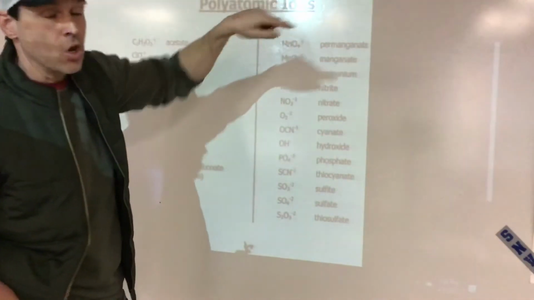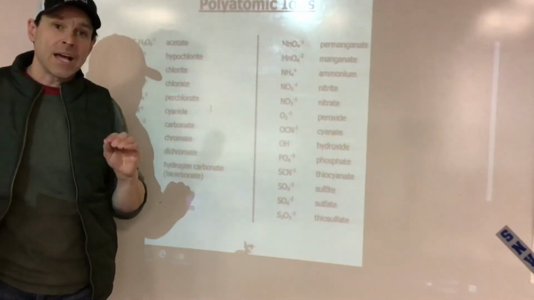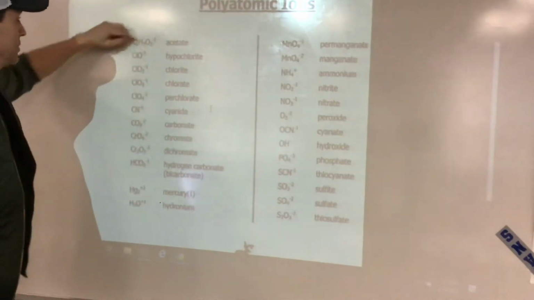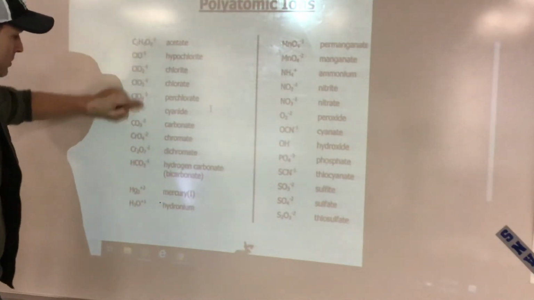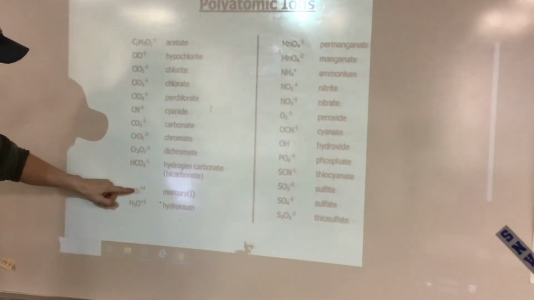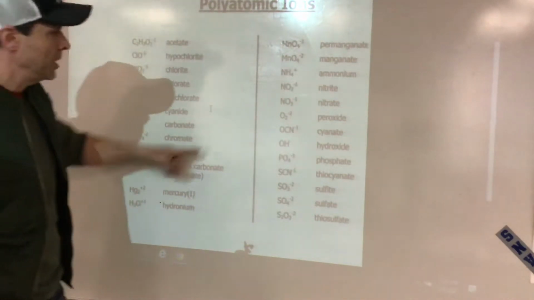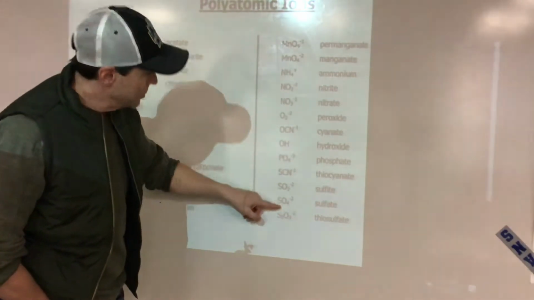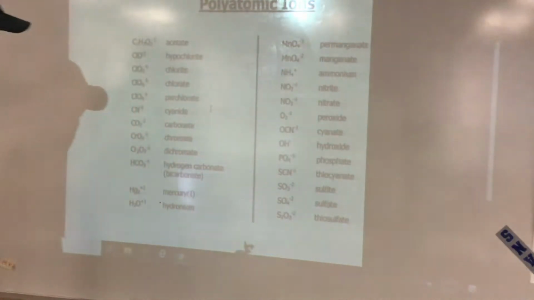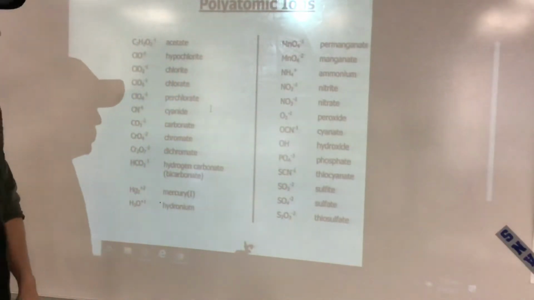Just like individual elements have charges, these polyatomic ions are going to have a charge as well. They're listed as -1s to -2s, possibly a +2, like for mercury 2, but most of them are going to be negative charges, simply because they're usually associated with the anion.